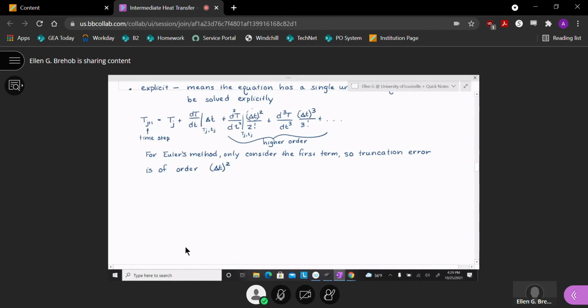All right, so we talked about explicit, and we talked a little bit about truncation error. And Euler's method is not always stable.